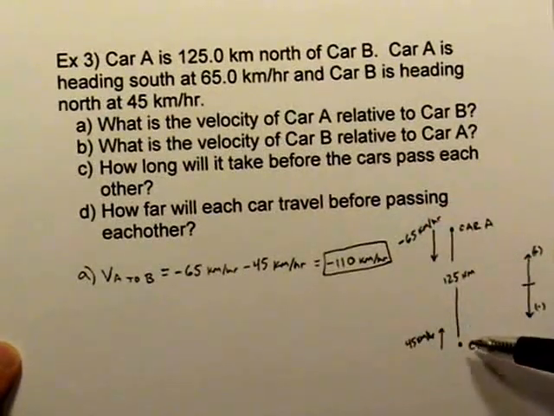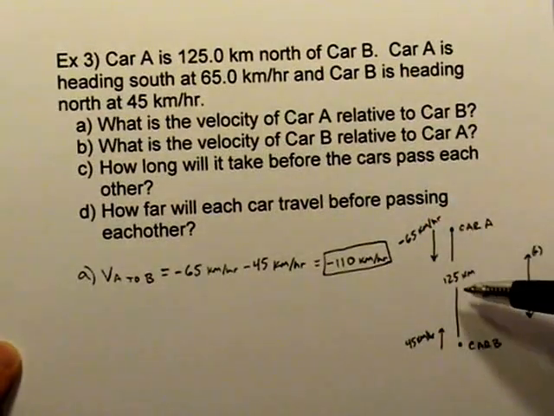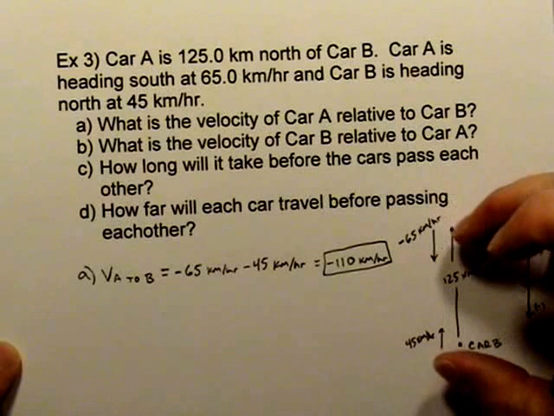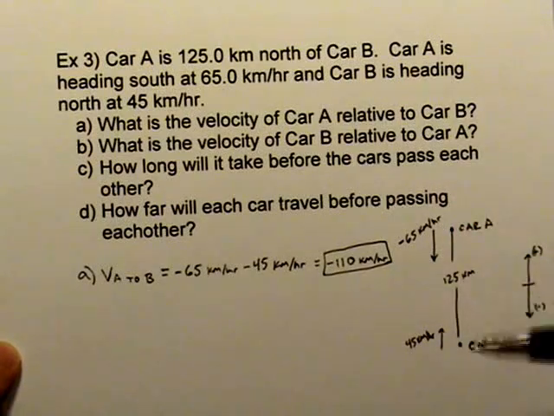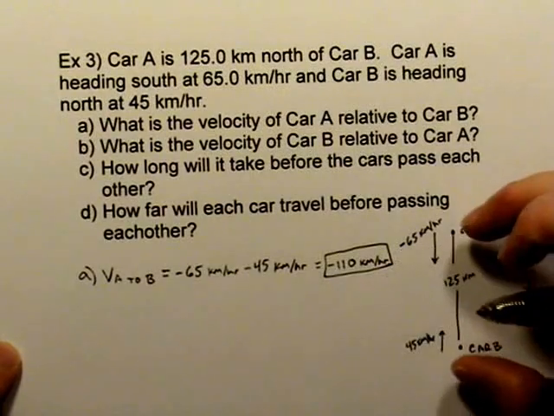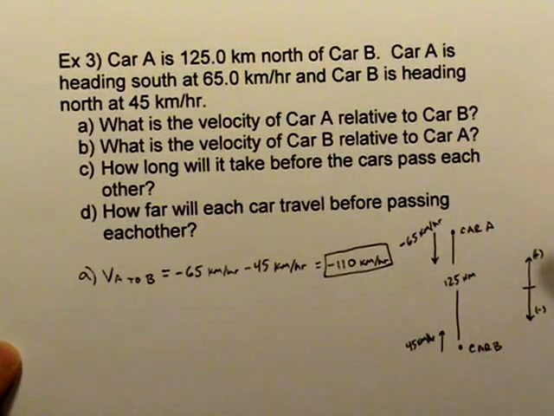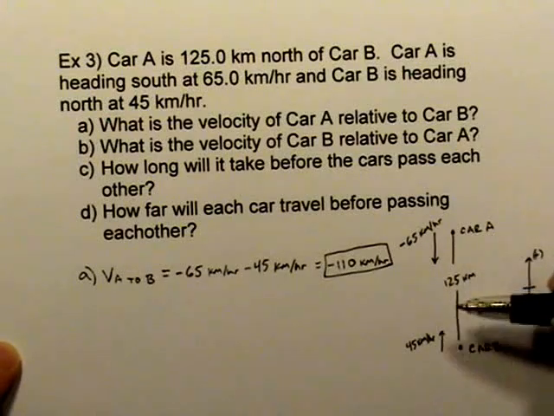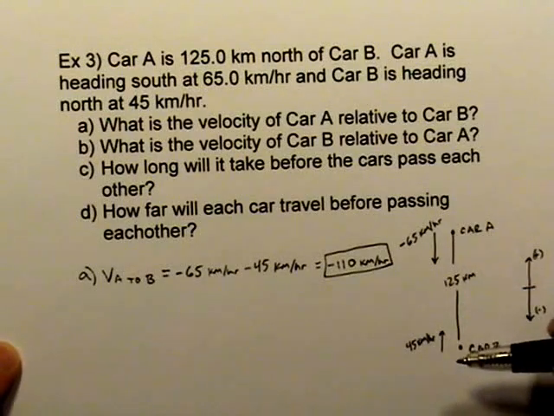Now hopefully that makes sense. From B's perspective, A is moving in the negative direction at the combination of the two speeds. It would be the same thing as if car B were stationary and car A were traveling at 110 kilometers per hour. The distance between them would close at 110 kilometers per hour. Or in other words, car A would be 110 kilometers closer every hour of travel.